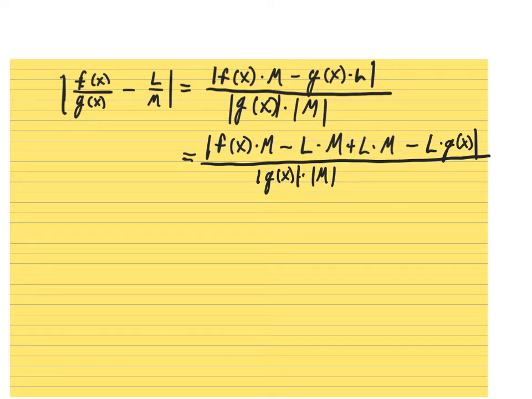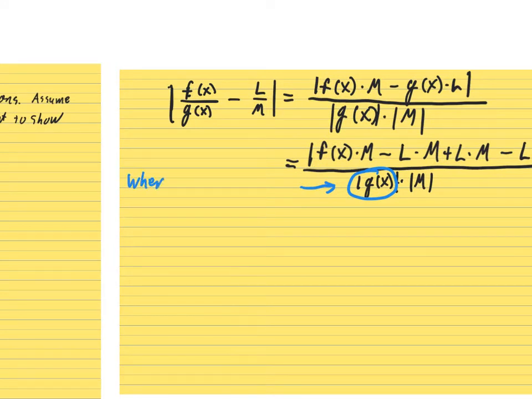Now I see a variable in the denominator, which is annoying. I would rather have constants in the denominator. That would allow me to pick more easily the thing that I need f of x minus L to be smaller than and g of x minus m to be smaller than. Well, the place where the variable is is g of x. So let's just stare at this for a little bit.